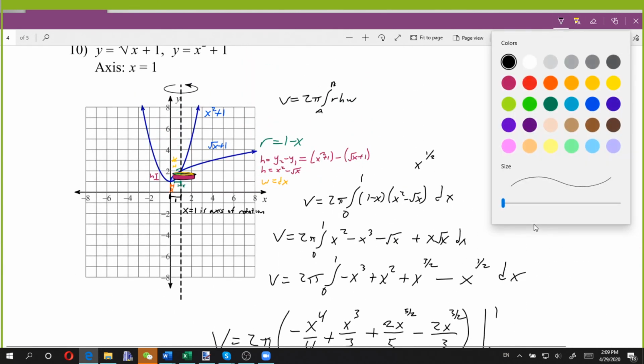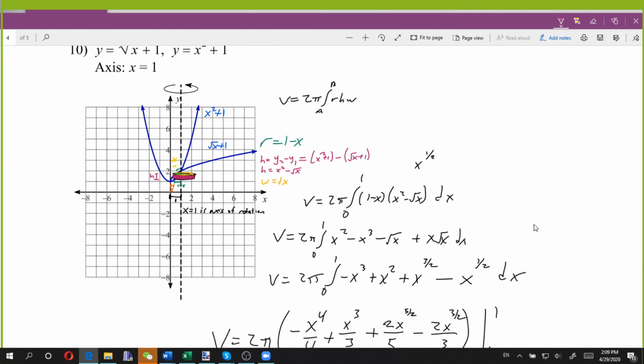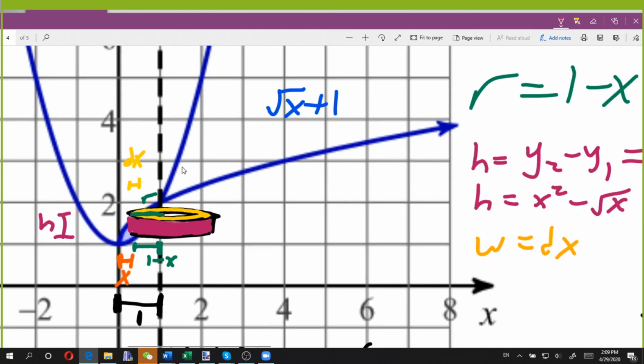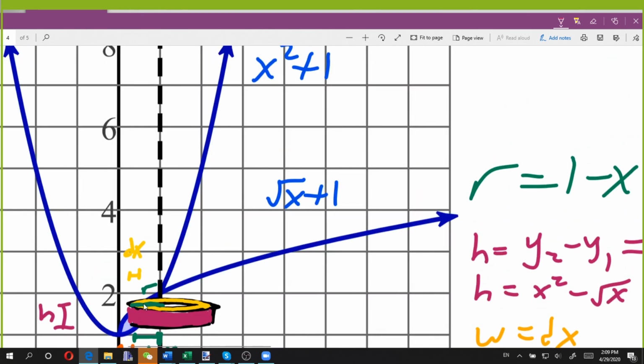Can we see why it's the top? How do you determine the top and the bottom? Our top should be this curve here. That is not a parabola, so that's going to be my rational function, root x plus 1. This bottom function is my parabola, so that's going to be my x squared function.